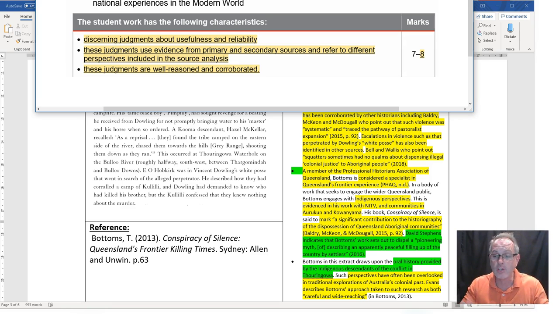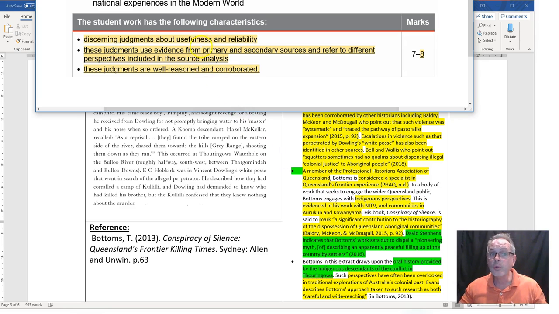I'm making a judgment on his work, how reliable and useful it is, and for what groups and what voices it brings in. This is evidenced, I back up the perspectives, with his work with NITV, National Indigenous Television, and communities in Arakoon and Kawanyama, which are Indigenous communities in North Queensland. Now I've drawn upon what others say about him.